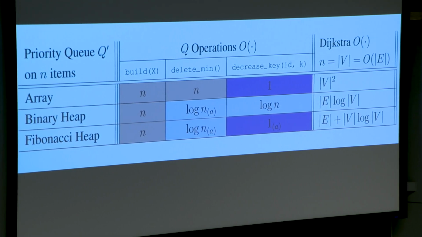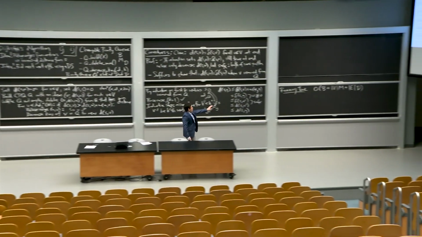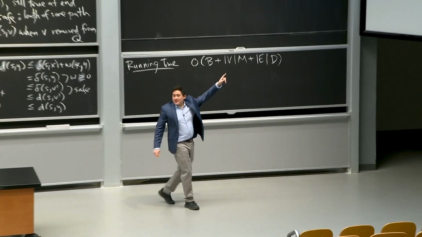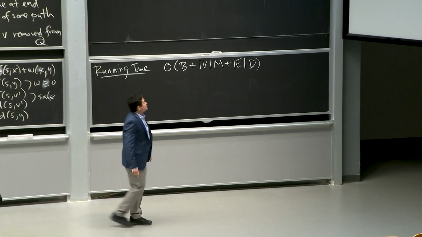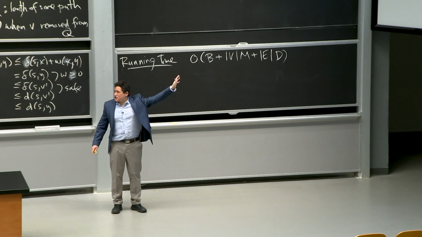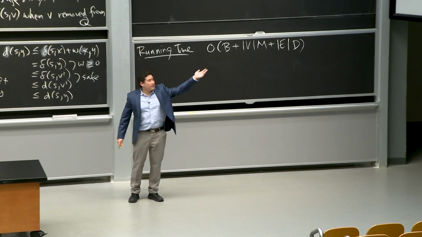But if we take a look at the running time bound here, if we replace n with v, we get a quadratic time algorithm in the number of vertices, which for a dense graph is linear time. That's actually pretty good. Dense meaning that I have at least a quadratic number of vertices.